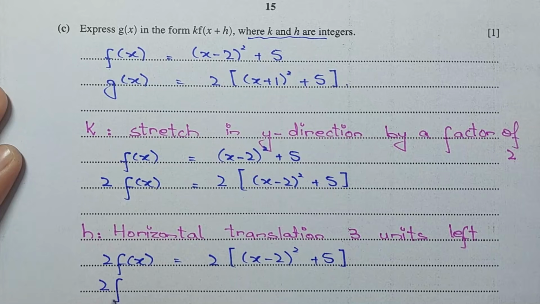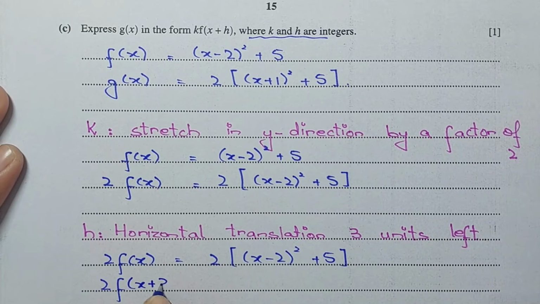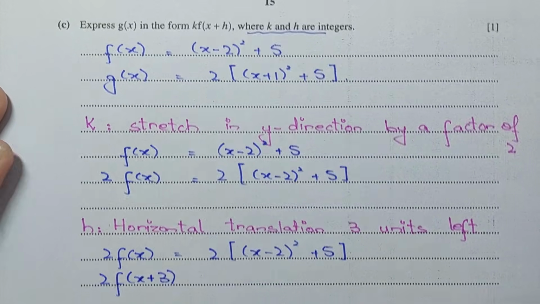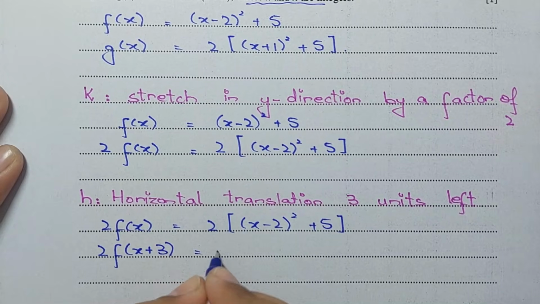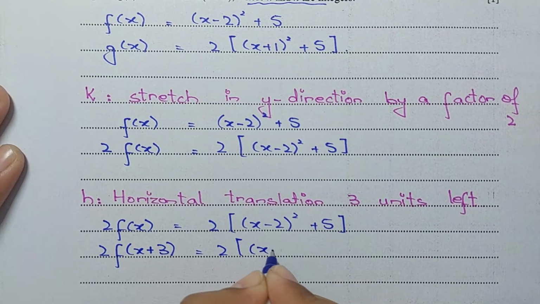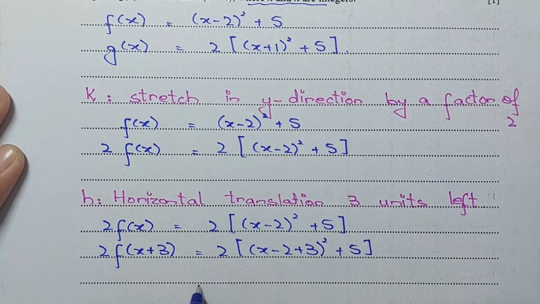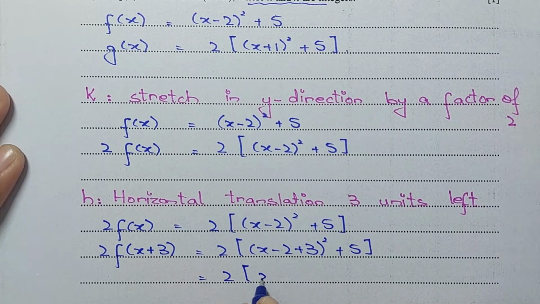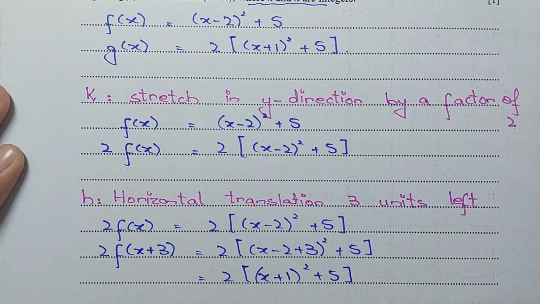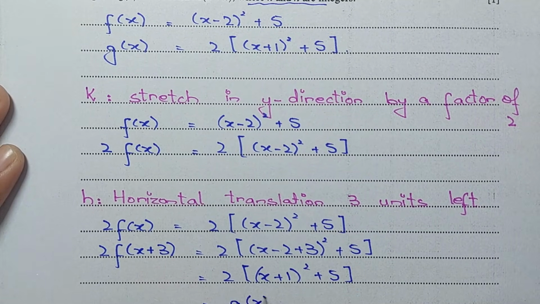So 2 f of x plus 3, because towards left, so we have to add, right? So 2 into x minus 2 plus 3 whole square plus 5. This is 2 into x plus 1 whole square plus 5. And this is your g of x.